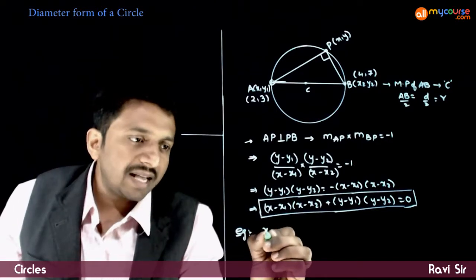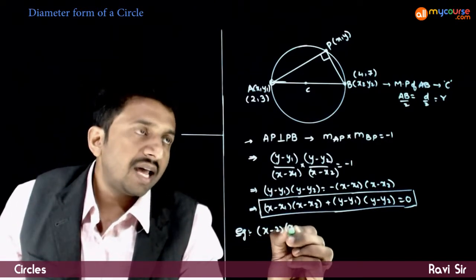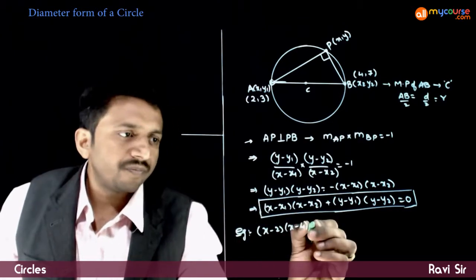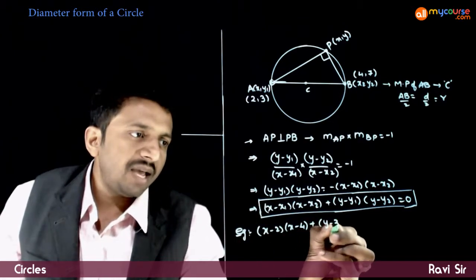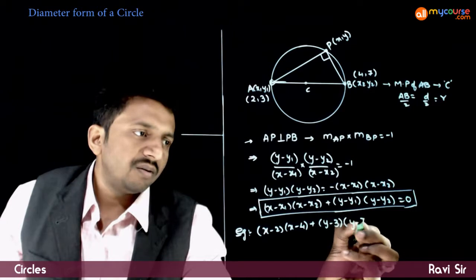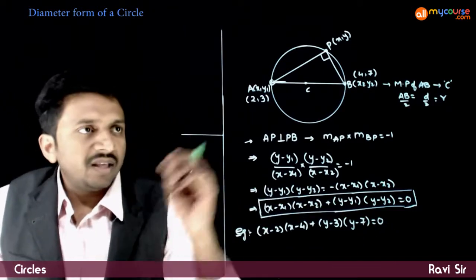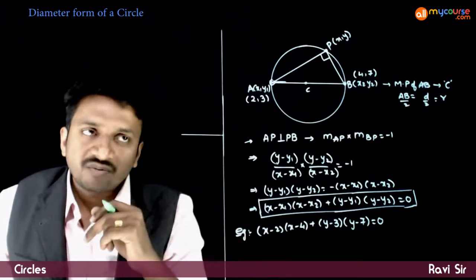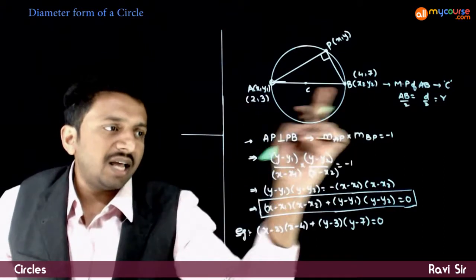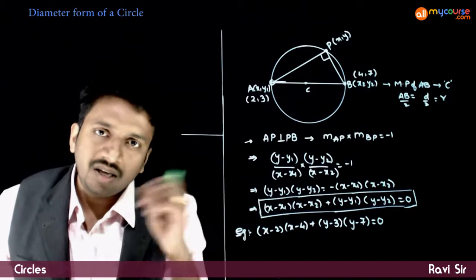So the equation is (x minus 2) times (x minus 4) plus (y minus 3) times (y minus 7) equal to 0.